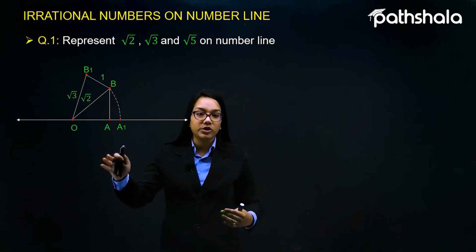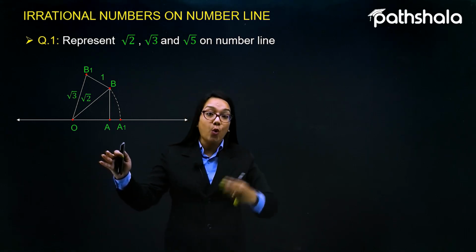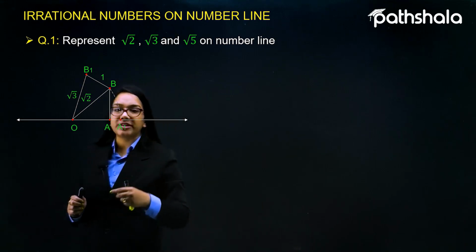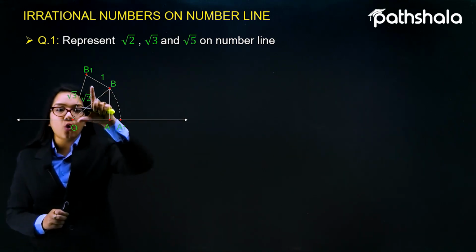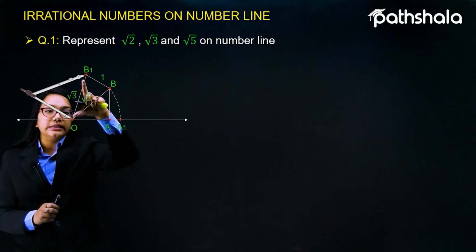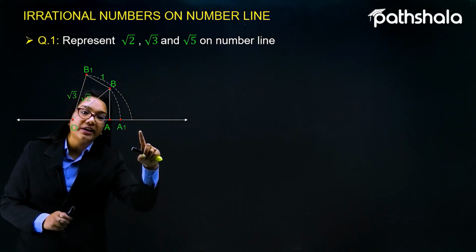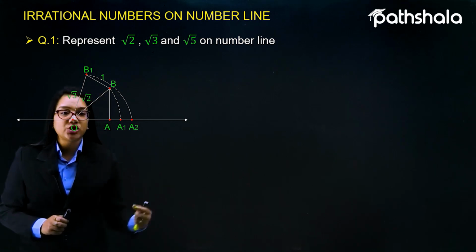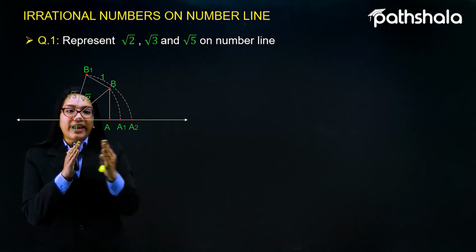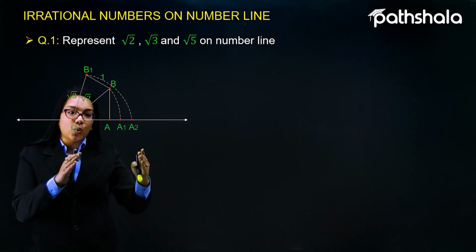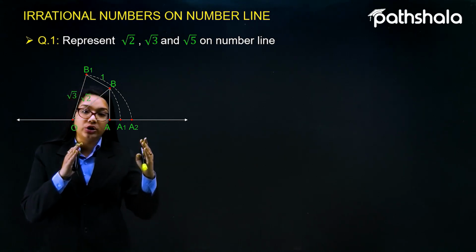With the help of the Pythagoras theorem we conclude that OB1 is root 3. Again using the compass, taking O as the center and OB1 as the radius, mark an arc on the number line, calling it A2, such that the distance OA2 is root 3.